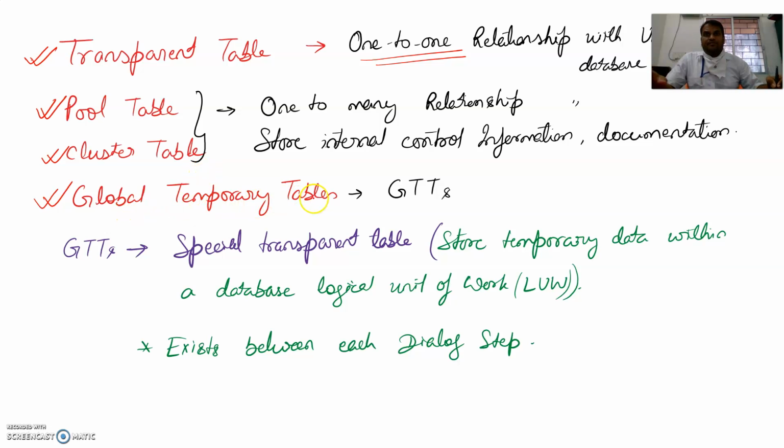Now we have global temporary tables, GTTs. It is a special transparent table that stores temporary data written within a database logical unit of work. Like the dialog steps we read earlier, between each dialog step there are instances. From one instance to another, this temporary table will change.